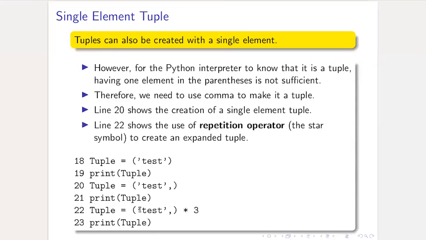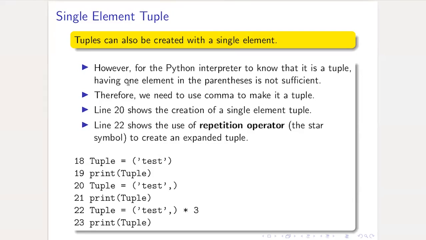Now, the Python interpreter must be made aware that you are working with a tuple. So if you simply put only brackets, it will not know that you are dealing with a tuple.